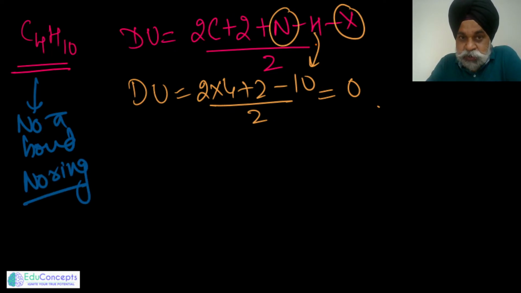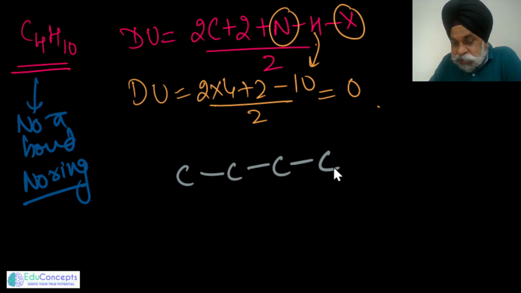So now my hand would work fast to make the compound. We have this understanding that the 4 carbon atoms would be joined to each other by single bonds, because the degree of unsaturation came out to be 0. Since it came out to be 0, this C4H10 must have no pi bonds and no rings, so it must have single bonds.